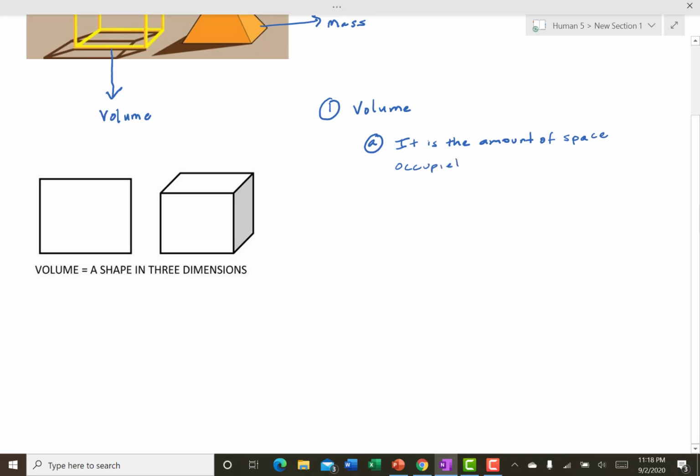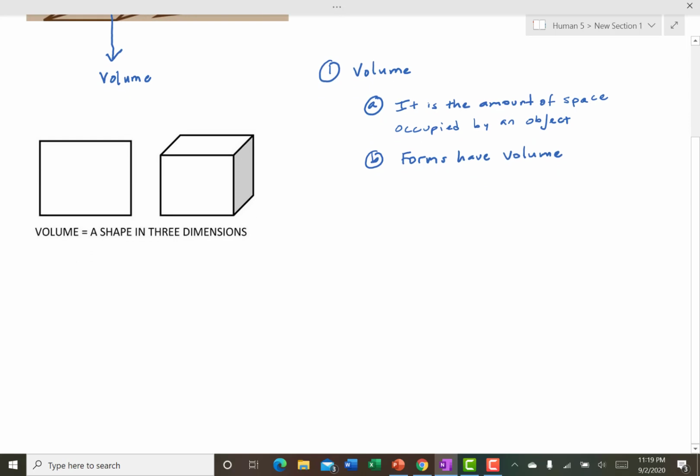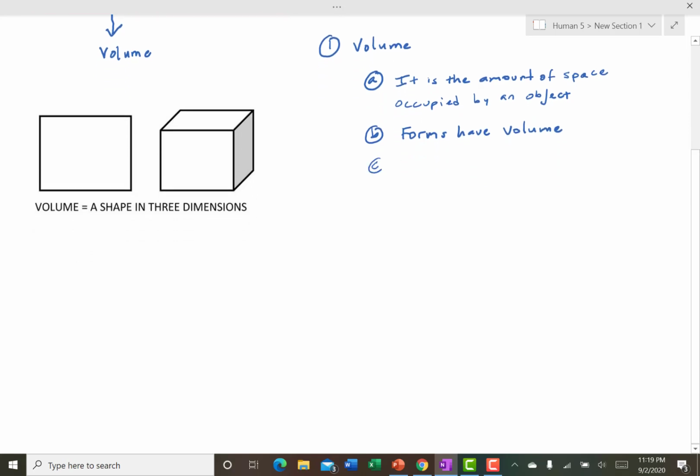So every object that is a form, therefore forms have volume. And we're going to talk more about mass in just a minute, but every form then is going to have a volume. That also then shows you here, which goes to this next image, that volume is a shape in 3 dimensions.